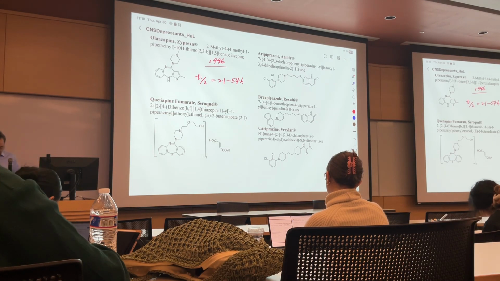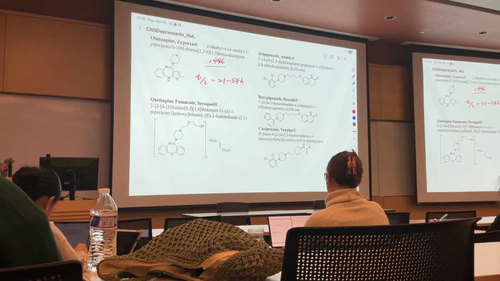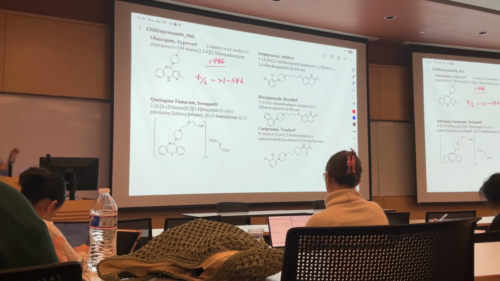So these two actually resemble clozapine, right? Some of the replacements, with the nitrogen being replaced by sulfur here, or in this case the carbon-carbon double bond in the benzene being replaced by the sulfur, gives you the thiazine.